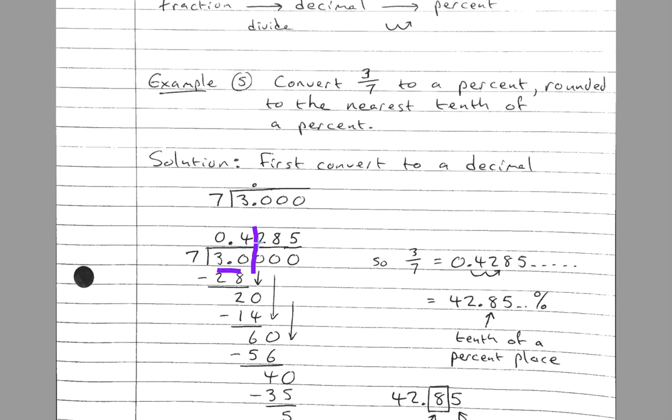The number of times always lines up like this. 4 times 7 is 28. Subtract that from 30, you get 2. Then bring down the 0. 7 goes into 20 2 times. That's 14. Subtract that, you get 6.